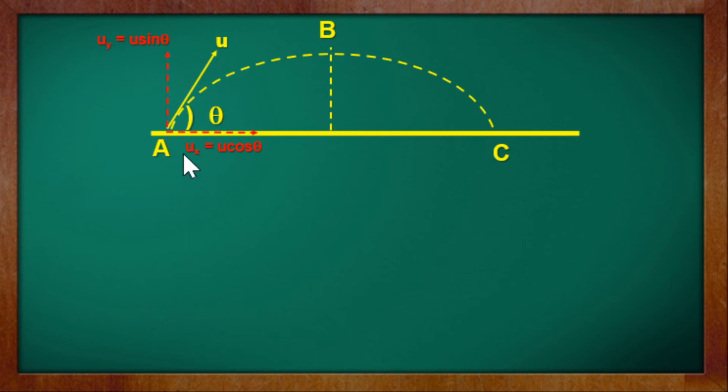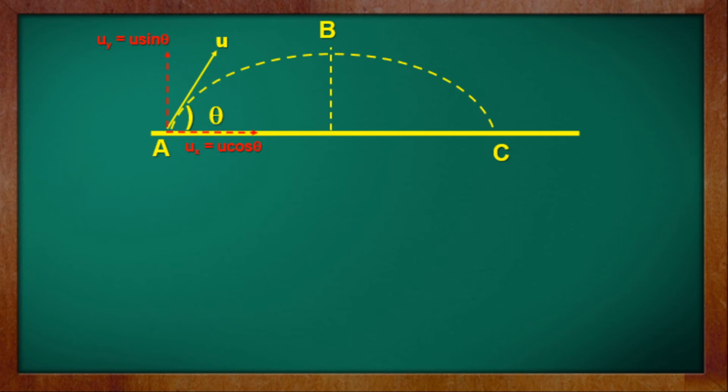Along the horizontal, u is resolved into u cos theta, and along the vertical it is resolved as u sin theta, taken as ux and uy. Here ux stands for initial velocity along the horizontal, uy stands for initial velocity along the vertical.